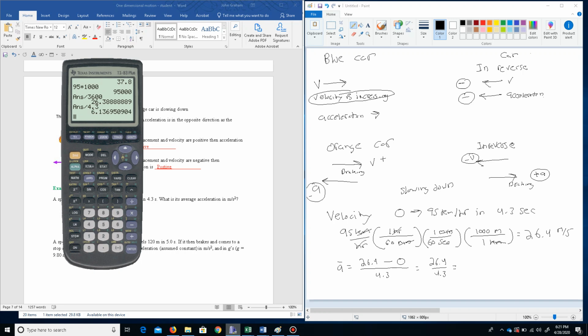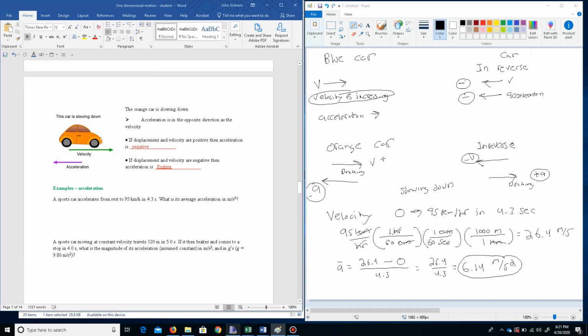And we get 6.14 meters per second squared. I prefer to keep those units for acceleration, especially once we get into forces and energy, because we'll just be dealing with those units on a normal basis.